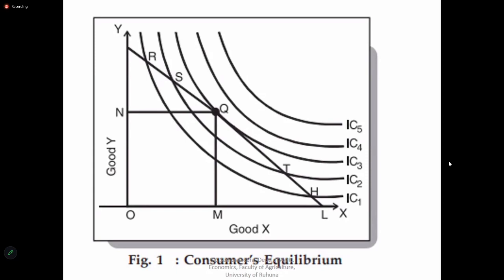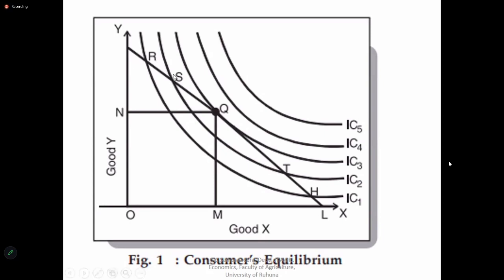Anybody of you? If you are a consumer, you need to select out of these points, let's say S, Q, T. What are you selecting? What is feasible to select? Practical situation. Which point to be selected?